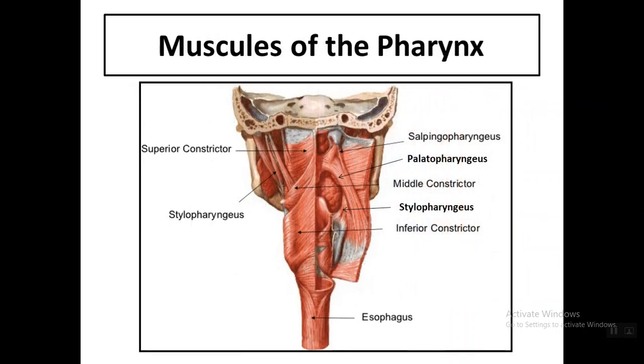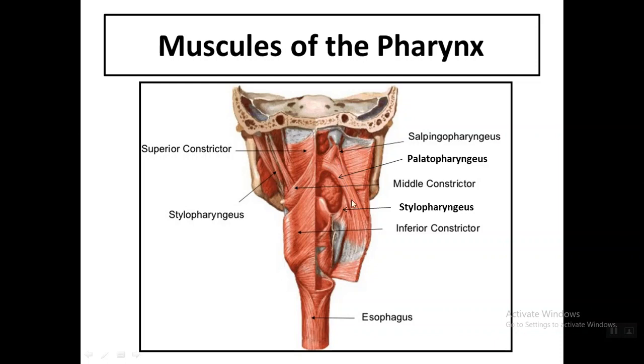This is a posterior view of the muscles of the pharynx, and we can see the constrictor muscles: superior constrictor, middle constrictor, inferior constrictor. Their fibers run in a circular direction. While there is another group of muscles whose fibers run longitudinally. For example, palatopharyngeus, from the soft palate down to the pharynx.